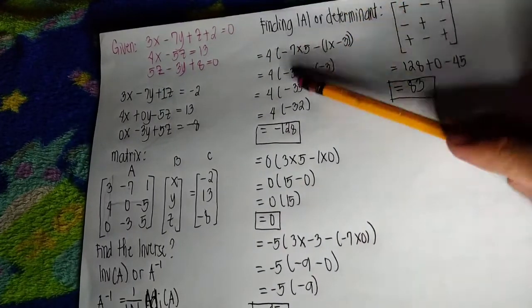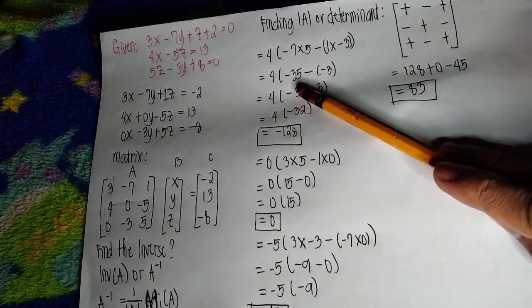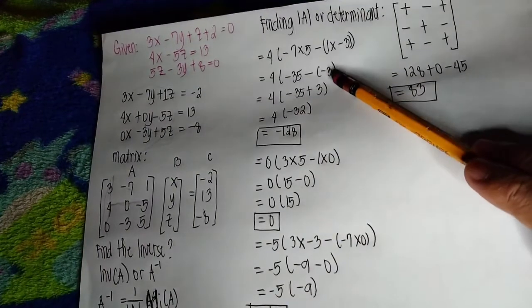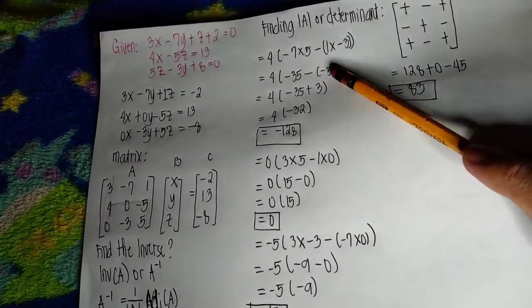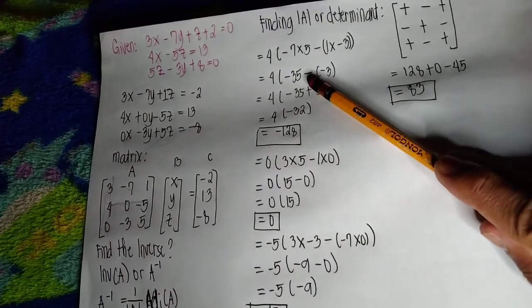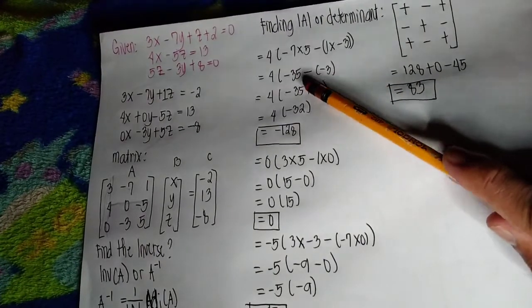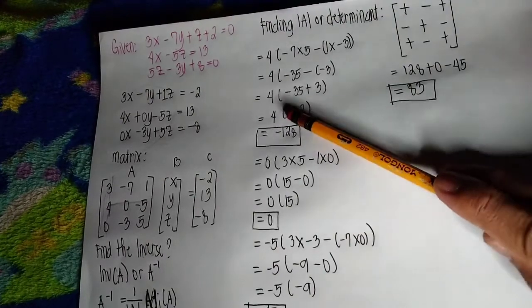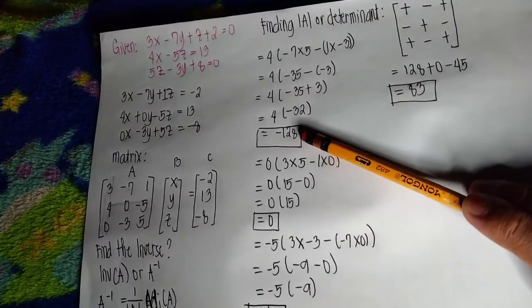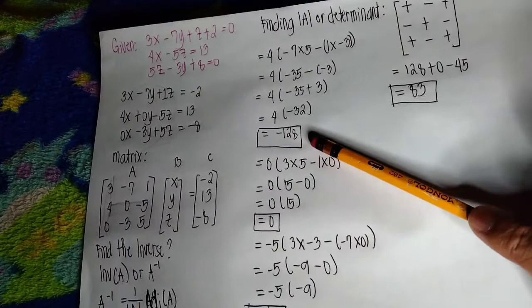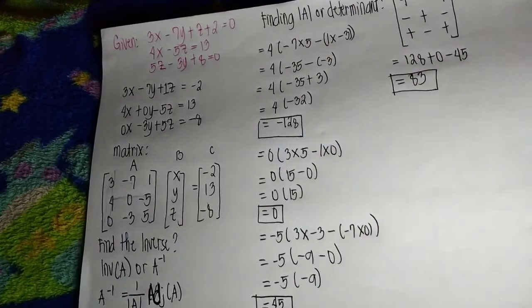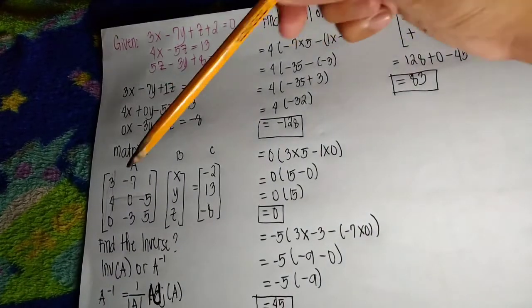Negative 7 times 5 equals negative 35. So 1 times negative 3 is negative 3. So negative 3, i-distribute mo yan sa negative, magiging positive 3. So negative 35 plus 3 equals negative 32 times 4 equals negative 128. So next is ang 0.